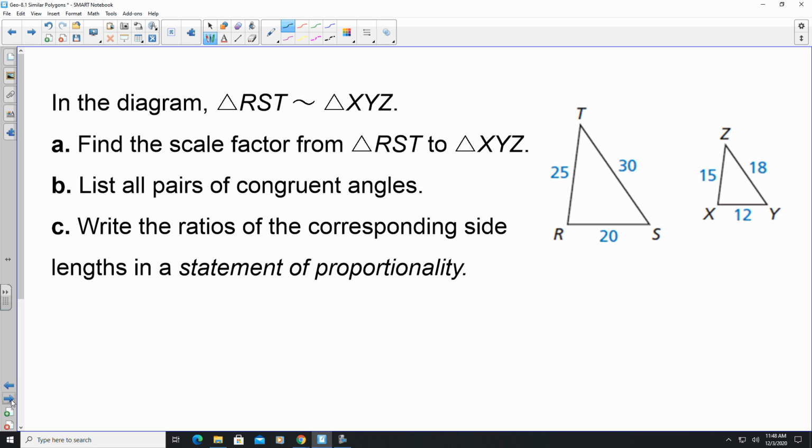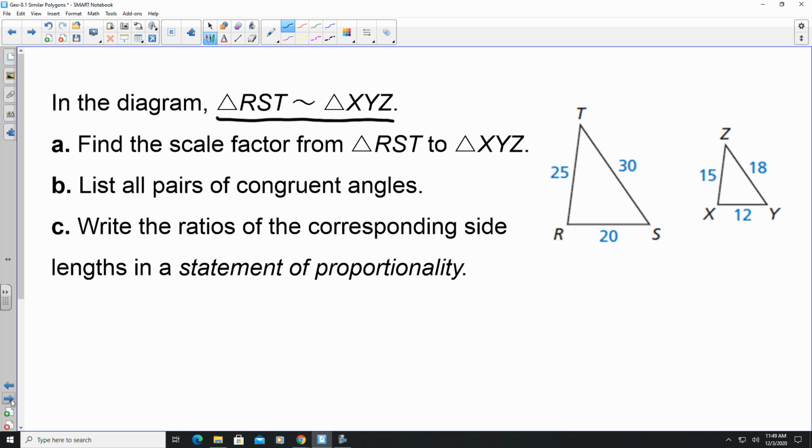In this example problem, it says in the diagram, triangle RST is similar to triangle XYZ. So since they gave us this particular statement, they're telling us that it's similar. So since it is similar in the problem, it possesses all of the characteristics of similar figures, which means that corresponding angles are congruent and corresponding sides are going to be proportional.